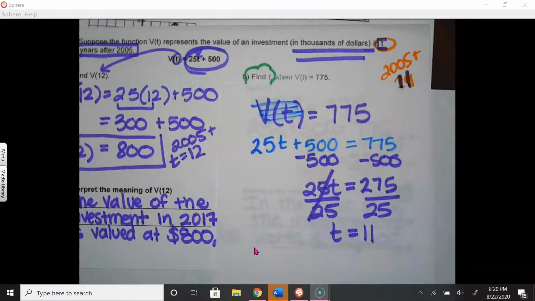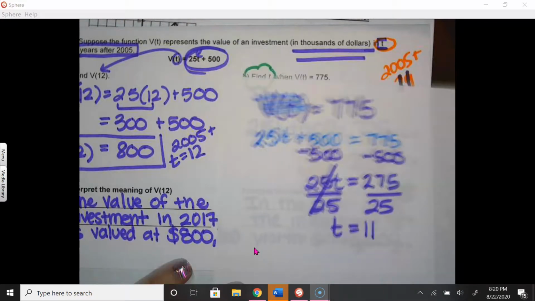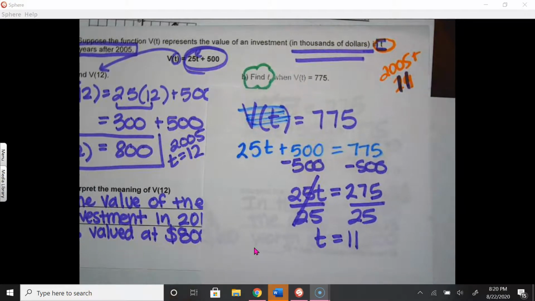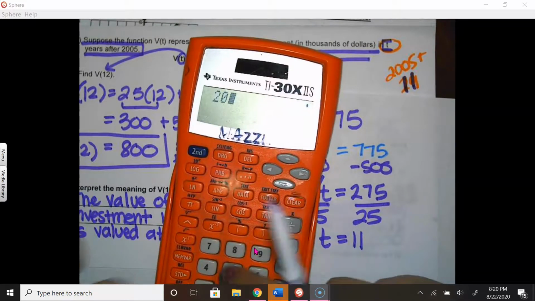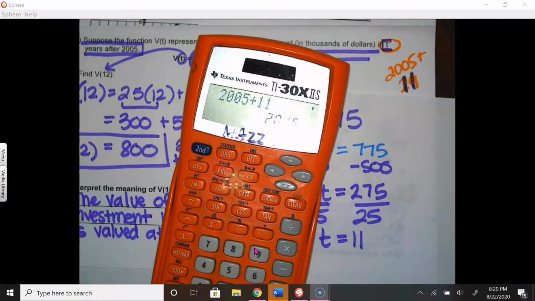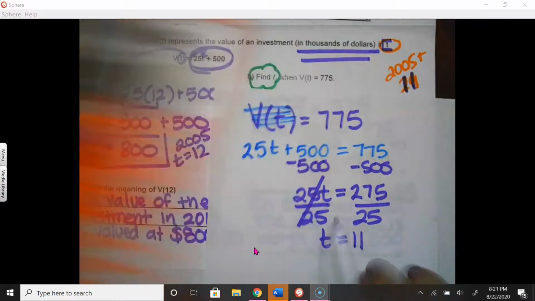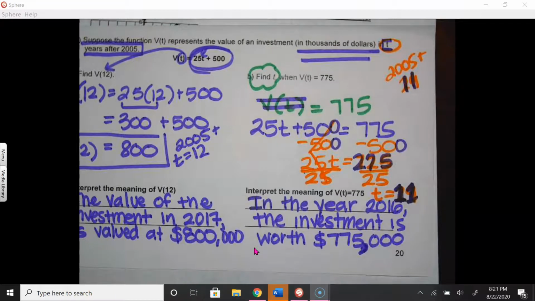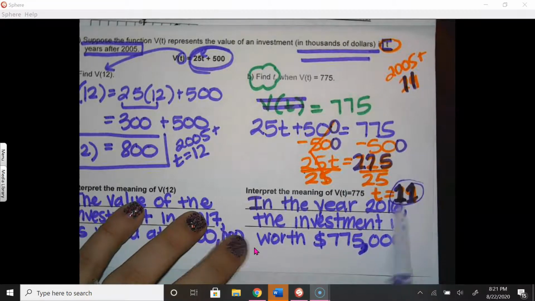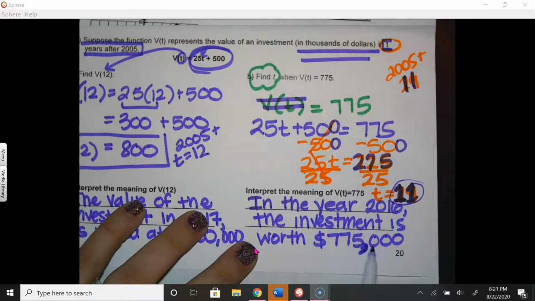Okay, now we need to interpret our answer. If t is 11, it means 11 years after 2005. So 2005 plus 11 would make it the year 2016. We would say in the year 2016, that's what the 11 represents, the investment is worth $775,000.